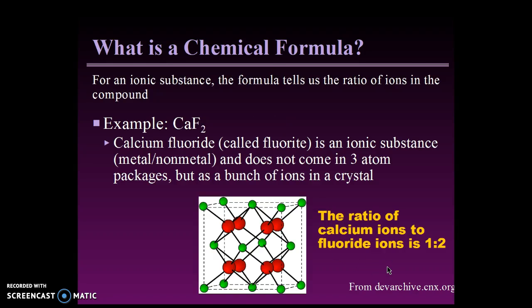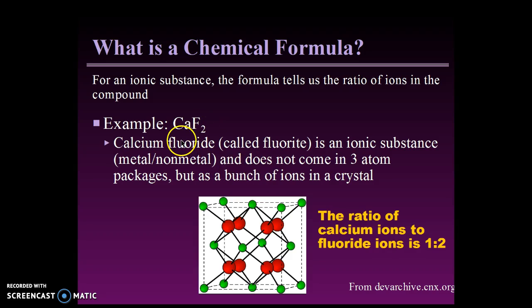Now for ionic substances, the formula tells us the ratio of ions in the compound. For example, in calcium fluoride, which is called fluorite, we have an ionic substance. There's a metal, calcium, and a nonmetal, fluorine, which is fluoride because it's gained the electron from the calcium. So calcium really is calcium 2+, and the fluoride is really F-.